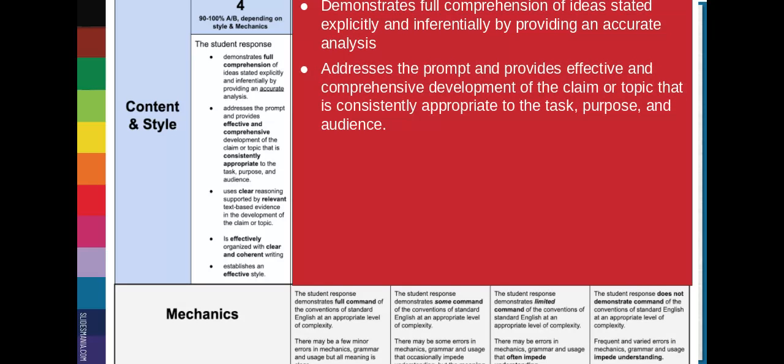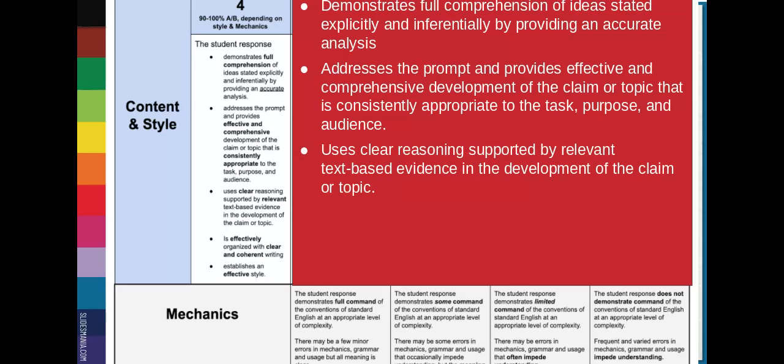You need to provide effective development of your claim that is consistent and appropriate to the task and the prompt. You need to use clear reasoning supported by relevant text-based evidence in the development of your claim. And you need to be effectively organized with clear and coherent writing.